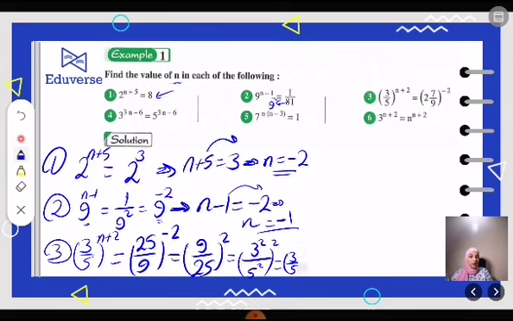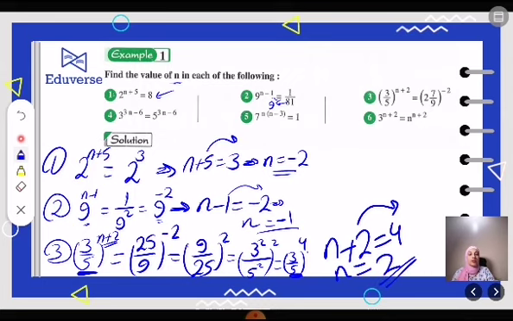I can make it 3 over 5 all to the power 2. And it already has power 2, so I will multiply them together. 2 times 2 equals 4. So now I have the same base, 3 over 5, 3 over 5, power n plus 2, power 4. Yep, as you noticed, we will say that n plus 2 equals 4. Get the 2 outside, then n will be 4 minus 2, which equals 2. That is the final result for n.